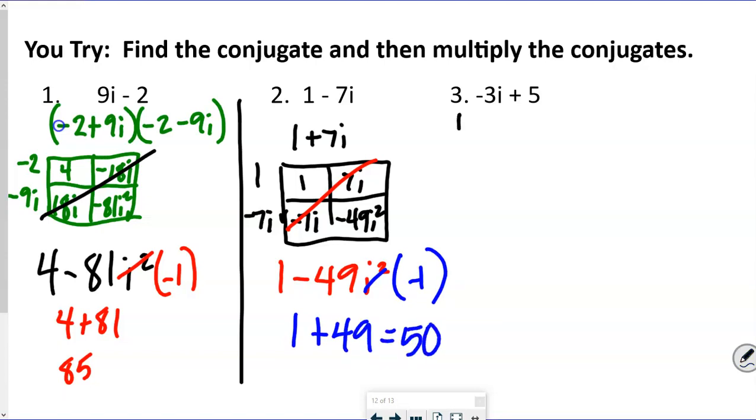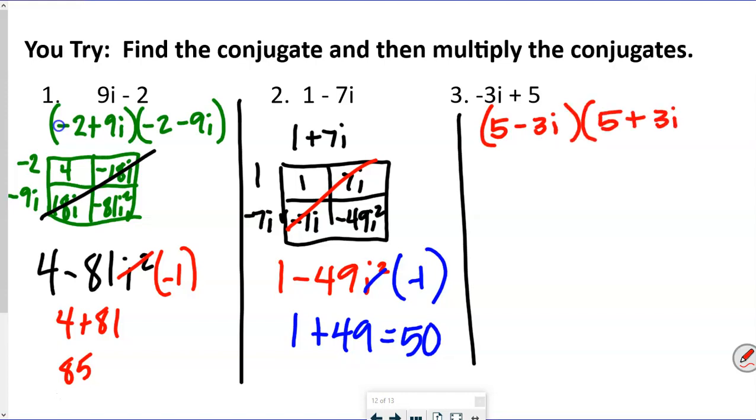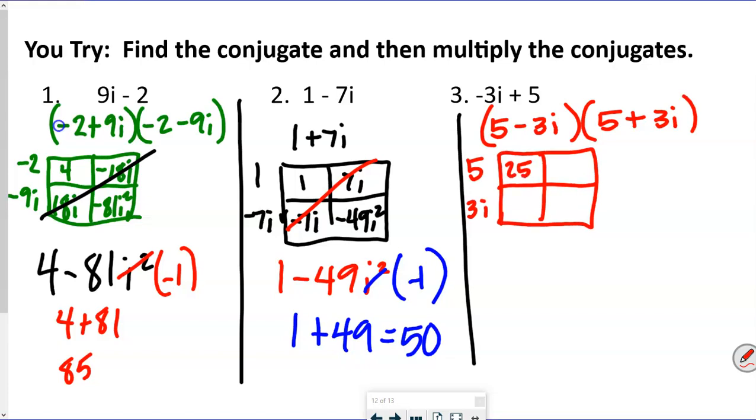All right, last one. Again, this one, notice it's not written in standard form, y'all, so I'm going to go 5 minus 3i. That's standard form, so its conjugate is going to be what? 5 plus 3i, okay? So we're going to multiply this. I'm going to put it down here, again, for our box purposes. 5 and a 3i. 5 times 5 is 25.